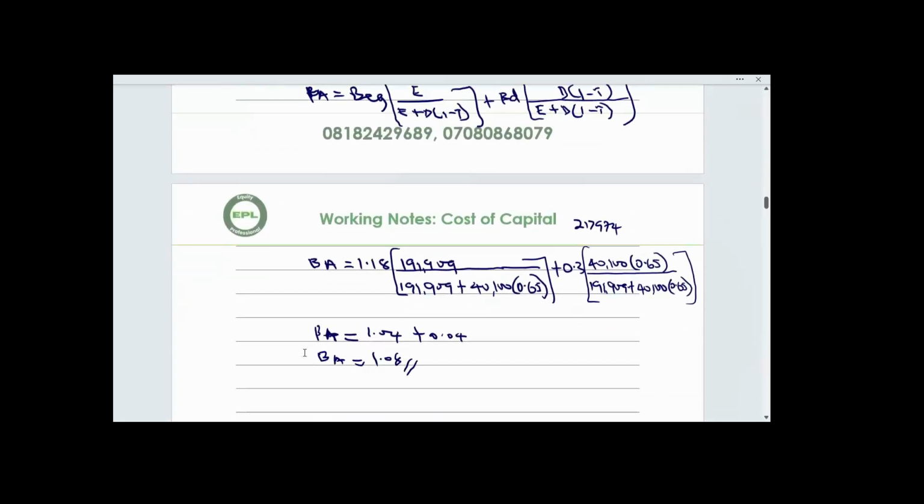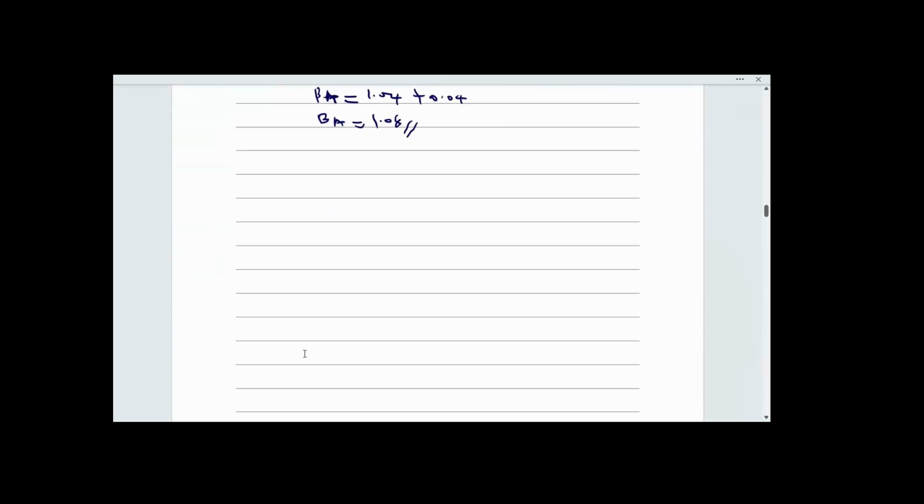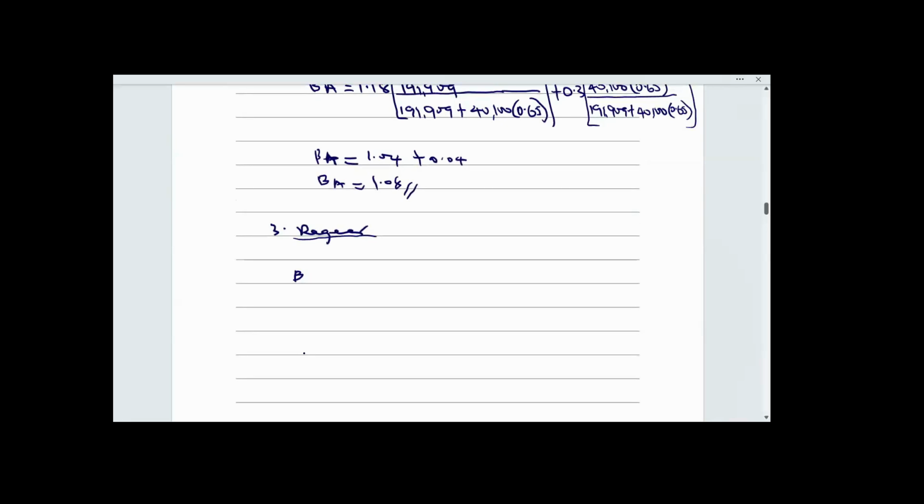Then step 3 is to regear. So you regear to incorporate the financial risk of Kilimanjaro. In this case, because debt beta is given, the examiner has told you that you should assume 0.3 for both the proxy company and Kilimanjaro. But if the examiner does not give you the debt beta of the main company, then it is assumed to be risk-free.